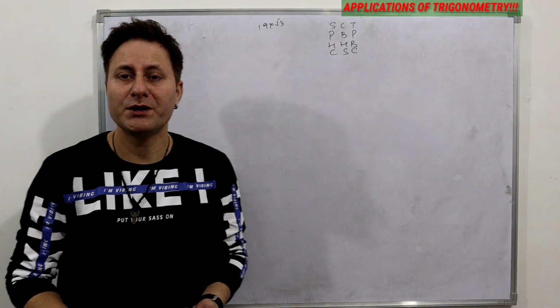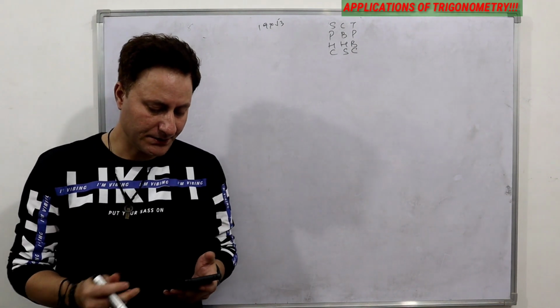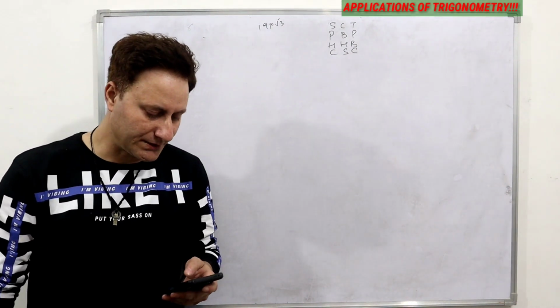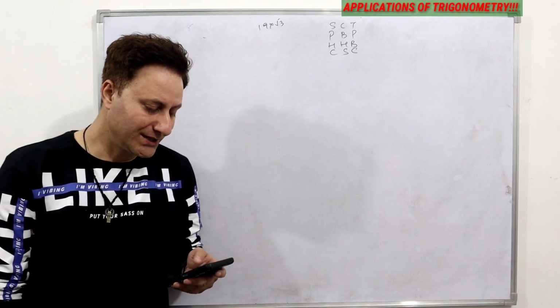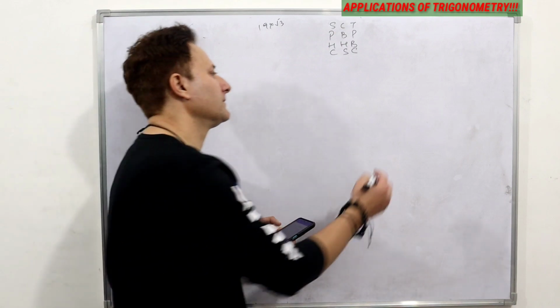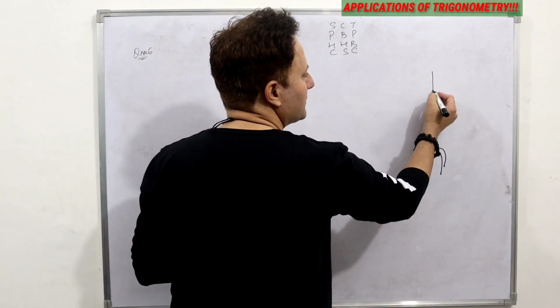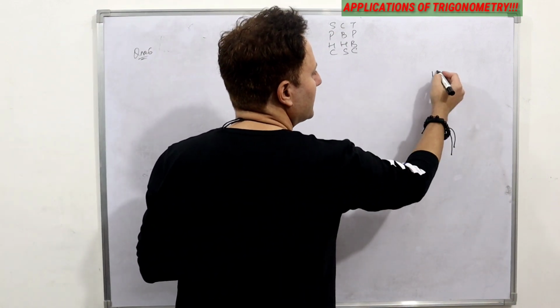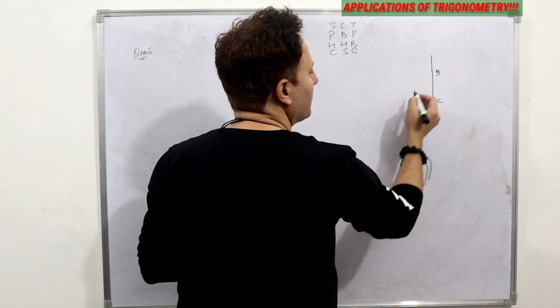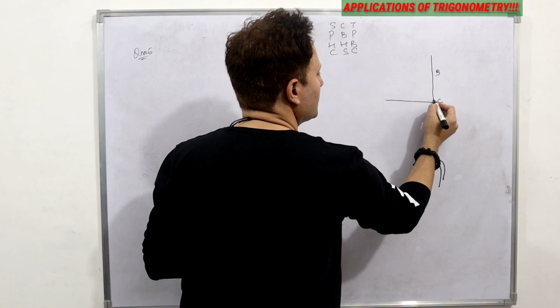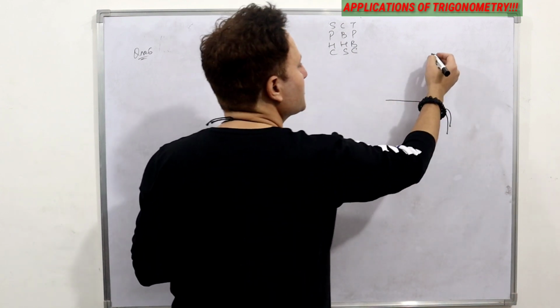Right, guys, so question number 8, let's study and understand what it says. It says a statue 1.6 meter tall stands on the top of a pedestal. So we have a pedestal, and let the pedestal be BC, and there is a statue on top of it which is 1.6 meter tall.